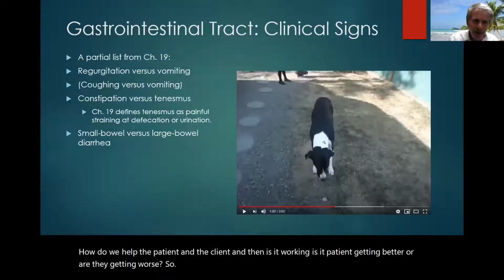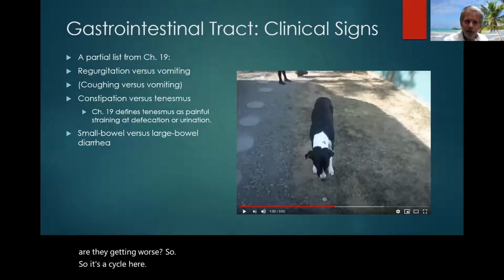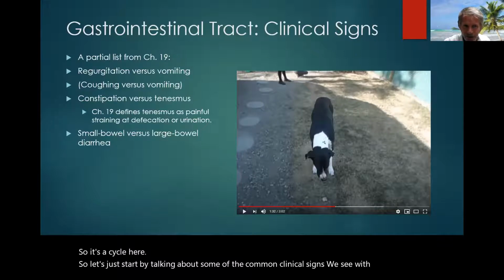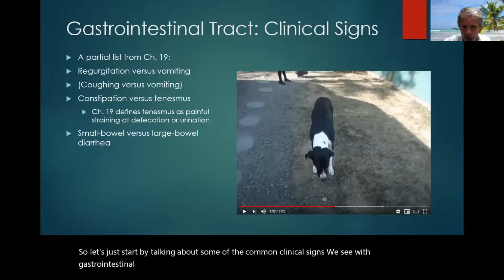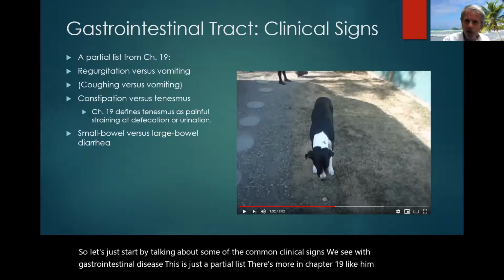So it's a cycle here. Let's just start by talking about some of the common clinical signs we see with gastrointestinal disease. This is just a partial list. There's more in chapter 19, like hematochezia. So I just wanted to talk about a few.